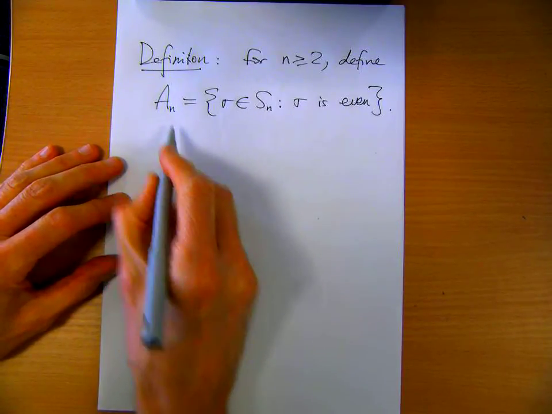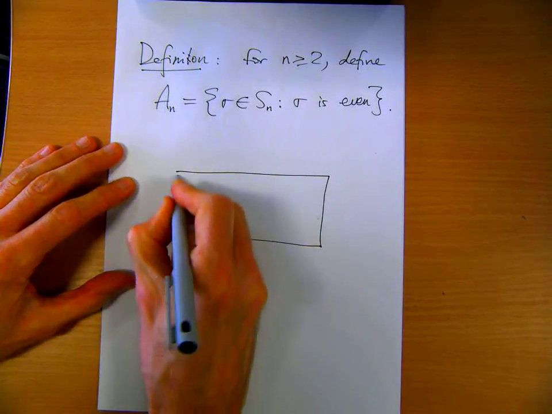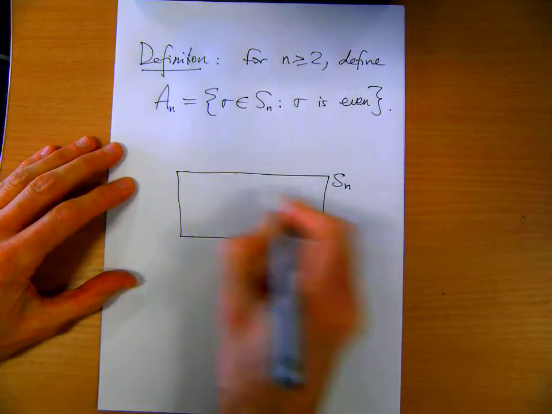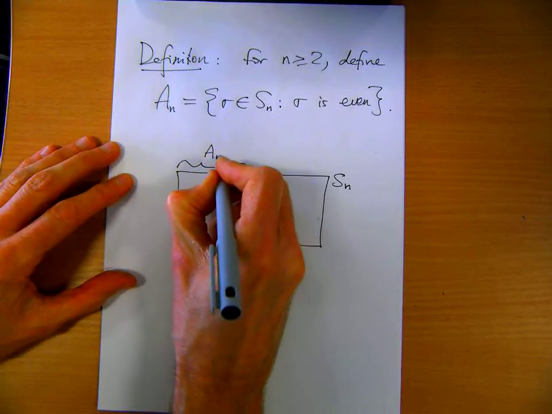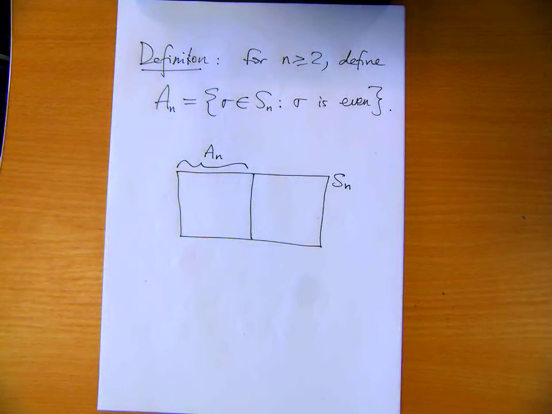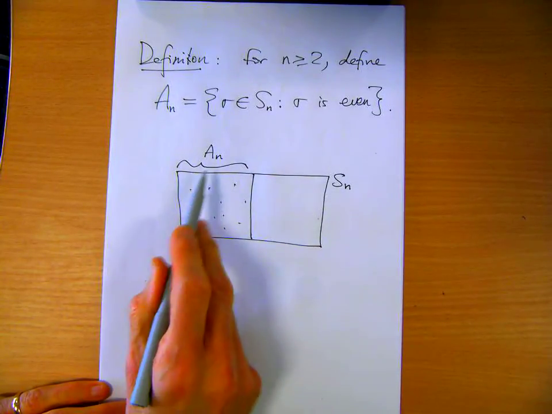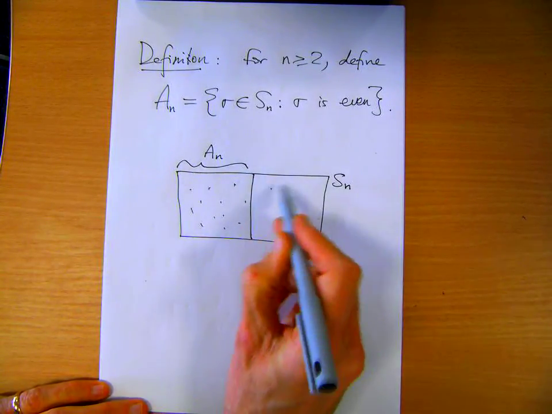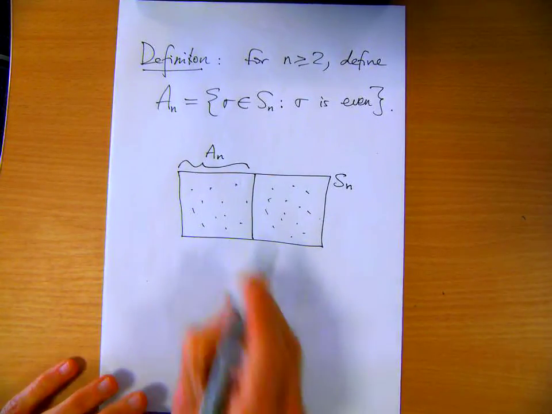Now, what we've got is our symmetric group. Some of the permutations are even, and we've put those all together and called it AN, and the rest of them are odd. So that's the complement of AN.